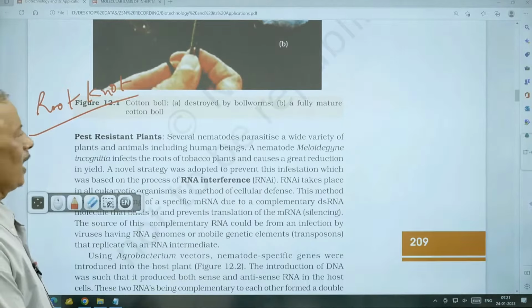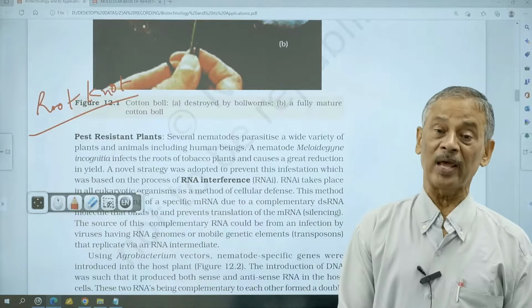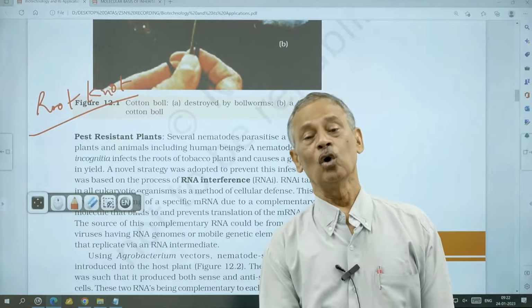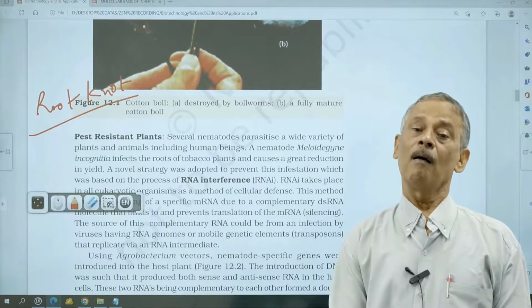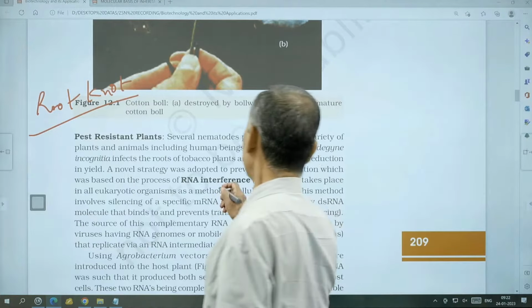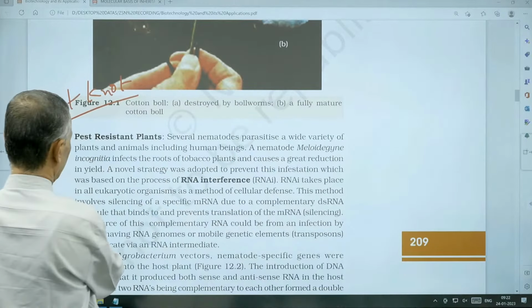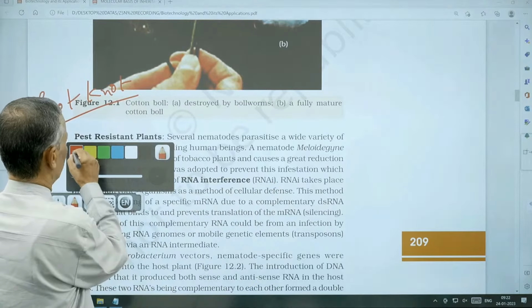Now, we could also make tobacco plants resistant to the attack of Meloidogyne incognita by a novel technology by name RNAi. This RNAi is also called gene silencing.